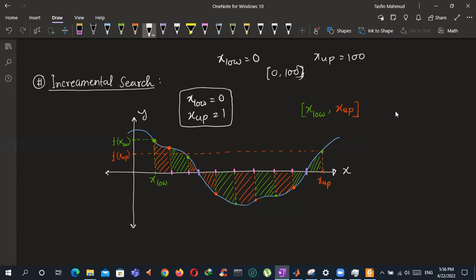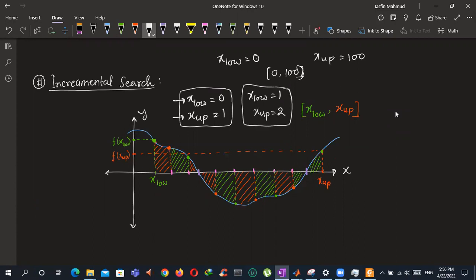So the first thing you have to do, let's initially set x low as 0 and x up as 1 and run the code for Newton-Raphson or bisection or false position, and try to determine whether any root exists in this range or not. Then change x low to 1 and x up to 2.